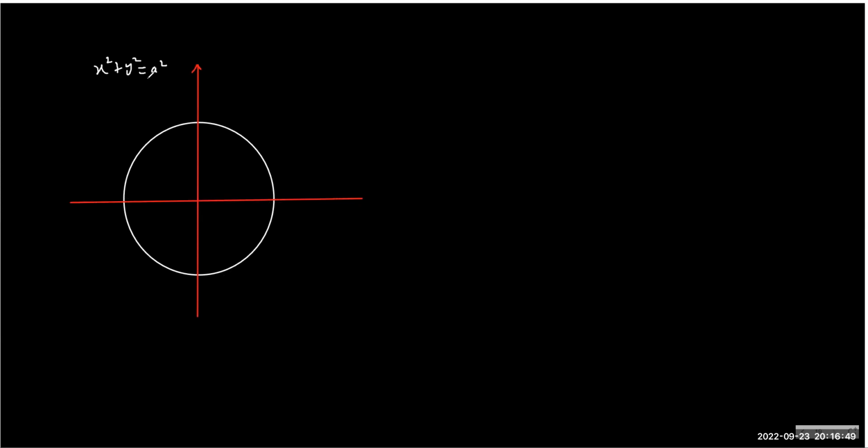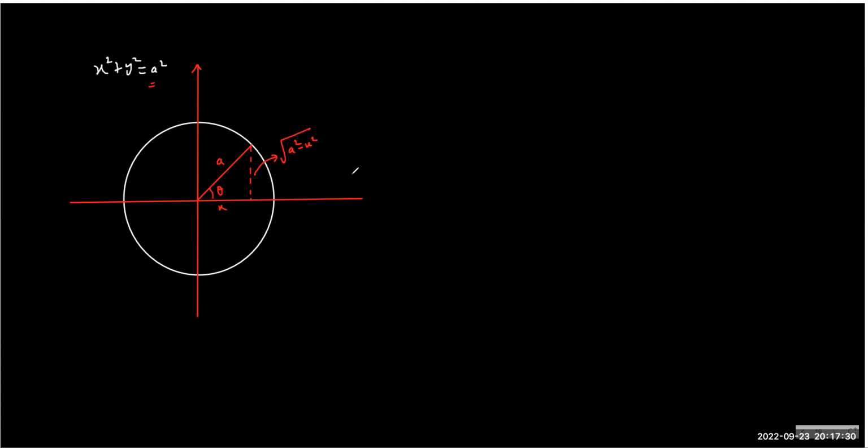So if I draw a circle of radius a, this is a. If I call this x, what is the y value? Y will be how much? Tell me, what is y? Square root of a square minus x square.